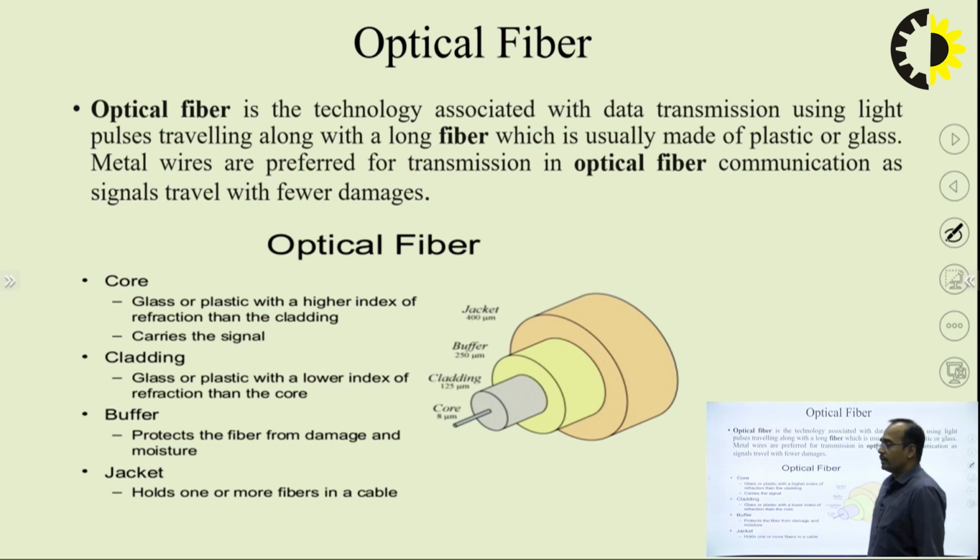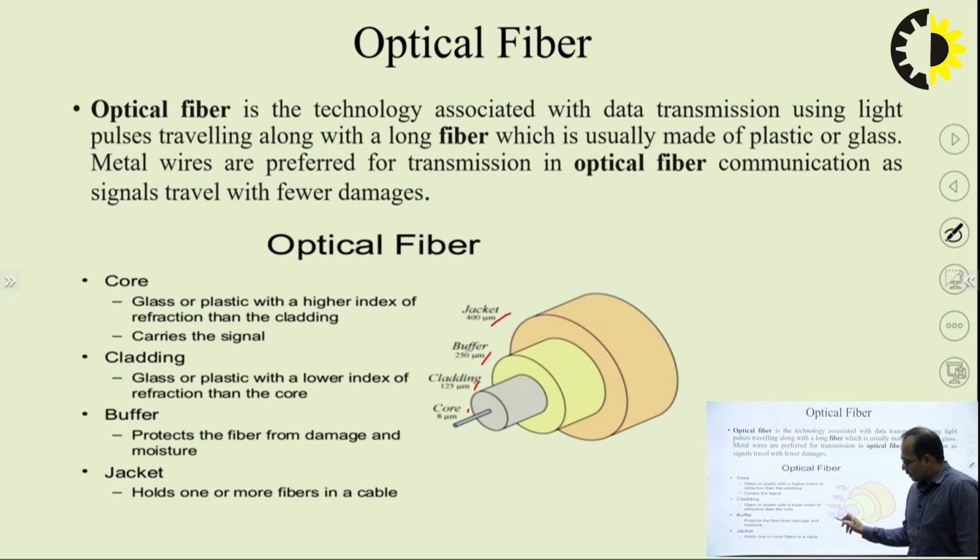Metal wires are preferred for transmission in optical fiber communication as the signal travels with fewer damages. So I have told you why we prefer optical fiber in communication. In optical fiber, basically there are 4 layers, that is core, cladding, buffer and jacket.